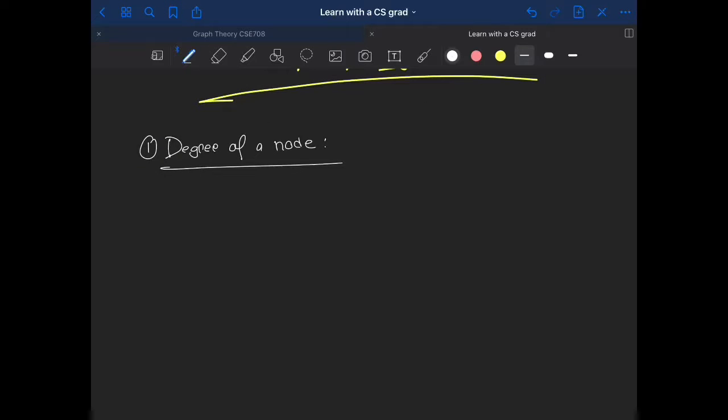So the degree of a node represents how many nodes a particular node is connected to, so how many neighbors it has. Let's say we have a graph. A has B, C, D, E and F. So when we say degree of A, this is how you write the degree of a certain node.